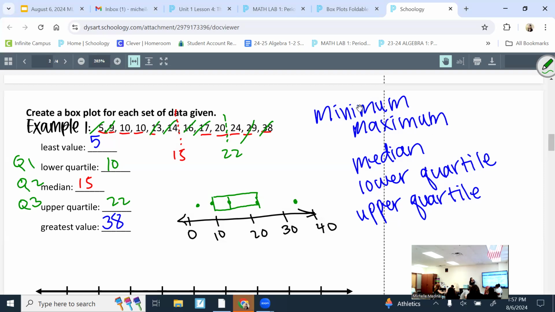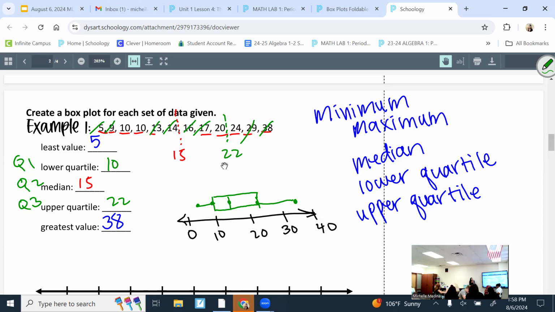And then your box plot will connect, I don't know what you call it, to your minimum and maximum. So these are like the whiskers of your box plot. And yeah, that's how you make it. Of course, yours will look slightly different because everything counts by something different. But that's how you make it.